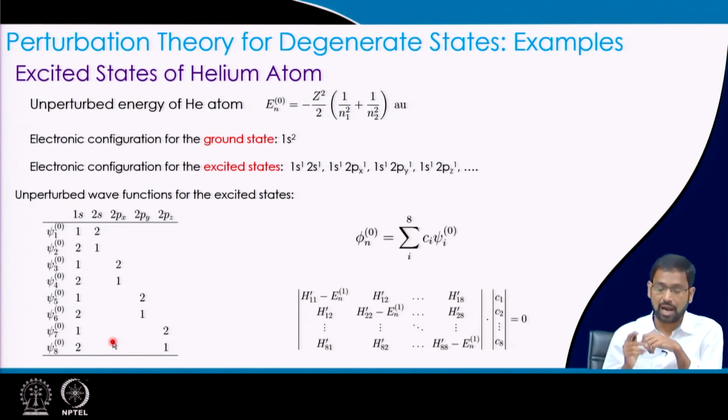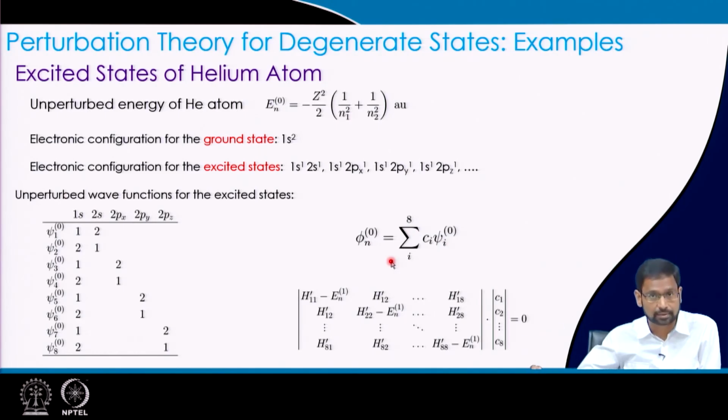What would I do? I would simply construct this phi n 0 as a linear combination of psi i zeros, and I can write this equation for n equals 1 to 8, because now I have got 8-fold degeneracy, since I wrote down these 8 wave functions which have the same energy. Since I have this linear combination of 8 functions, you can see that I have a secular equation which has this form, going from H prime 1 1, H prime 1 2, up to H prime 1 8.